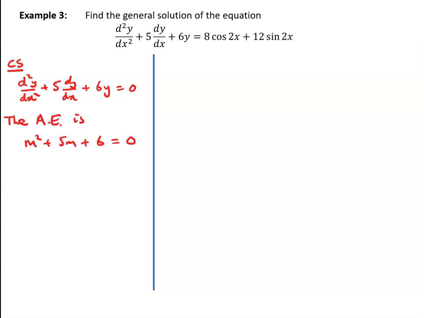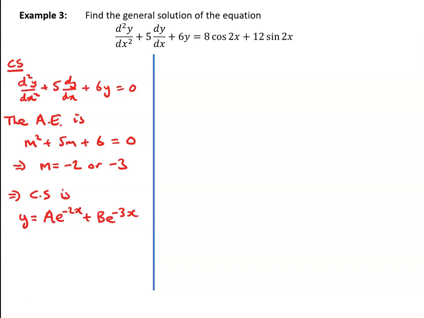The auxiliary equation is m squared plus 5m plus 6 equals 0. And solving that gives me m equals minus 2 or m equals minus 3. So the complementary solution is y equals a e to the minus 2x plus b e to the minus 3x.